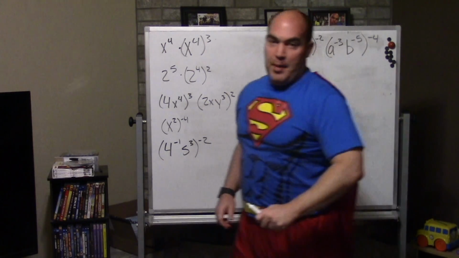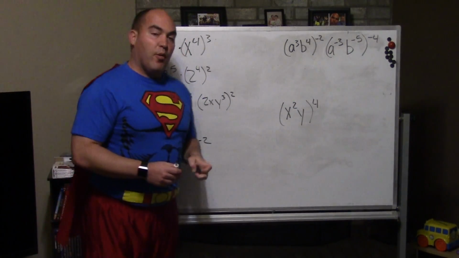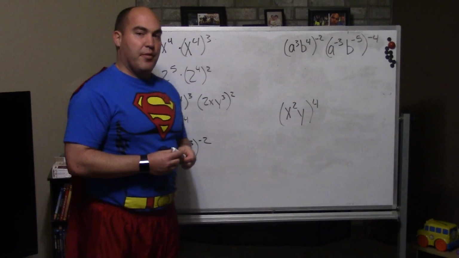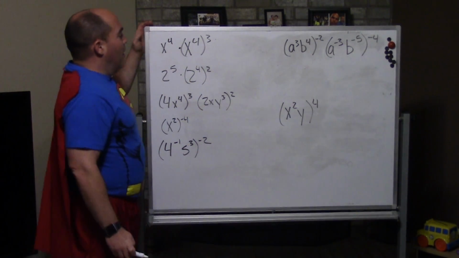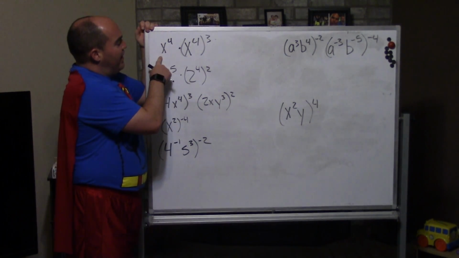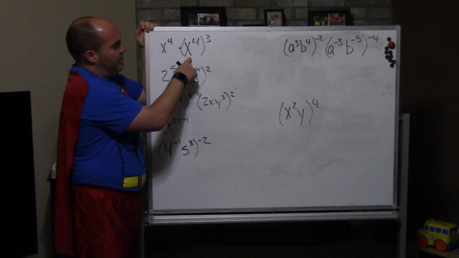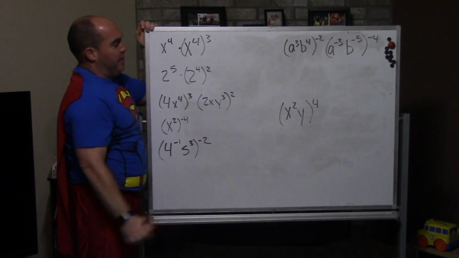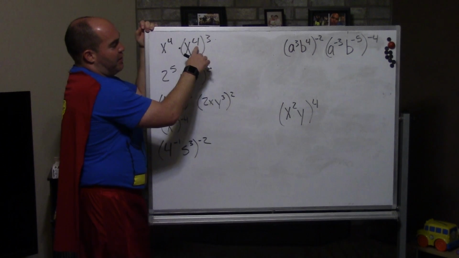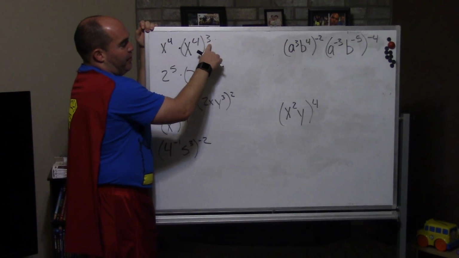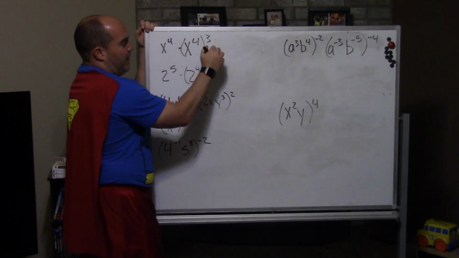We got a few more examples here, but don't worry, we're going to continue flying through these to get you on your way to your lesson. Alright, so if I've got x to the fourth times x to the fourth raised to the third power, this is the power raised to a power, so that is x to the fourth to the third, so that's going to be 4 times 3.